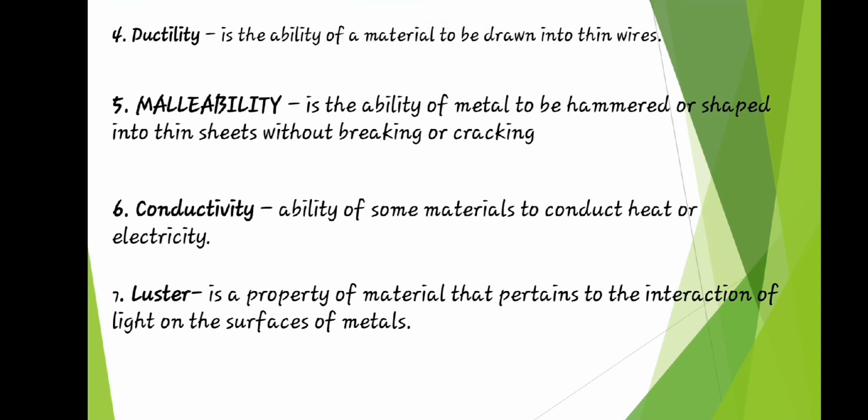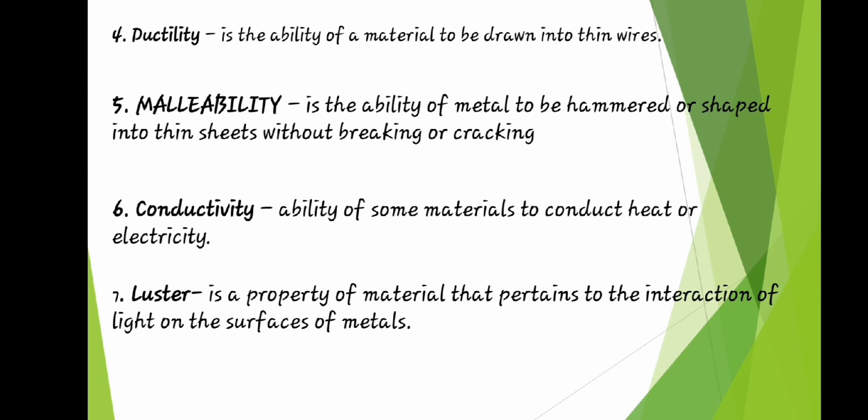Because when the piece of wood is hammered, it can be reshaped, in that case you are describing a certain ability which is called malleability. Always remember, when we say malleability or malleable, it is the ability of matter to be hammered or shaped into thin sheets without breaking or cracking it. So let's proceed to another one.